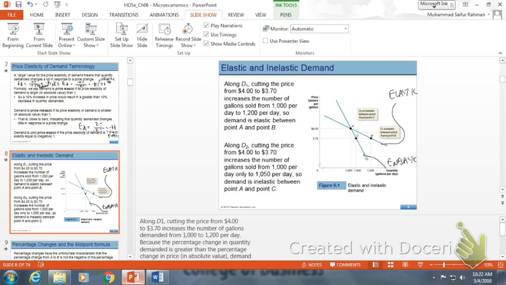So it is 4 minus 3.7 divided by 3.7 times 100. So I have 0.3 divided by 3.7 times 100. Could someone do the calculation? So what is 0.3 divided by 3.7 times 100?